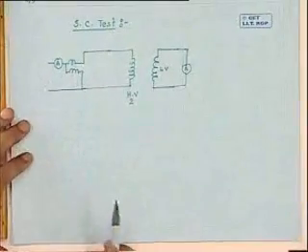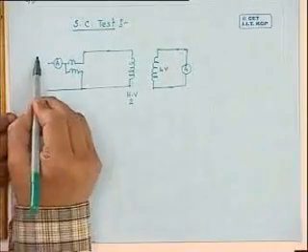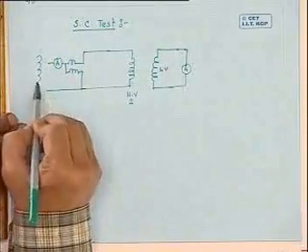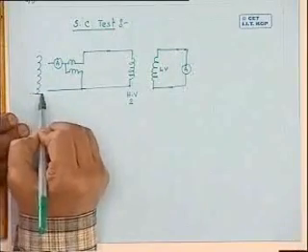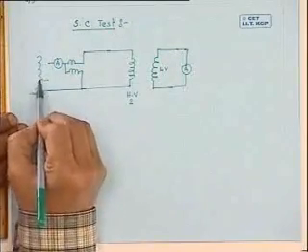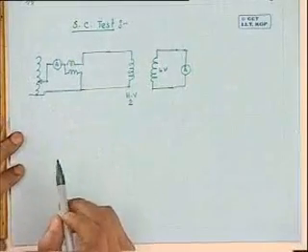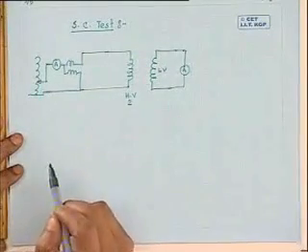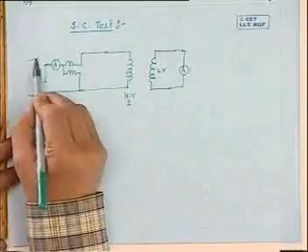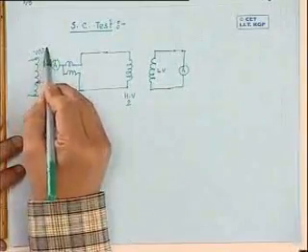And then don't apply rated voltage. That is very important. You have to make an arrangement so that you can apply variable voltage while doing the short circuit test. That is, you apply voltage through an auto transformer or a variac. This is a variac.